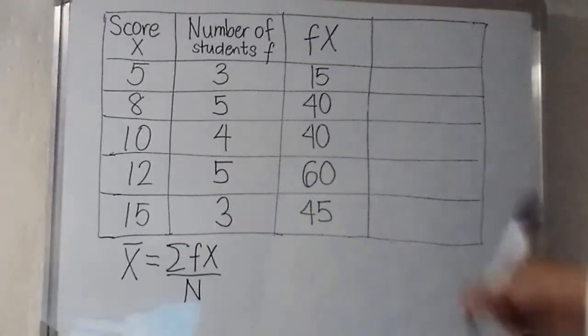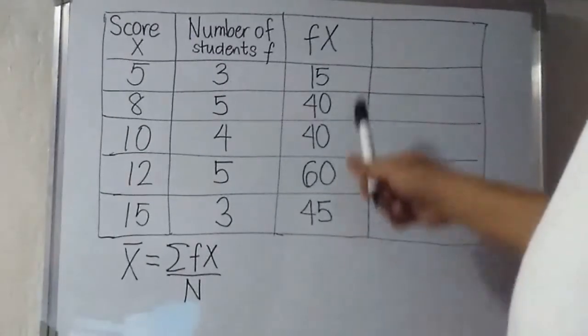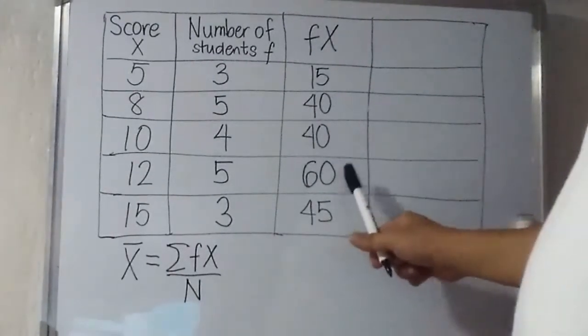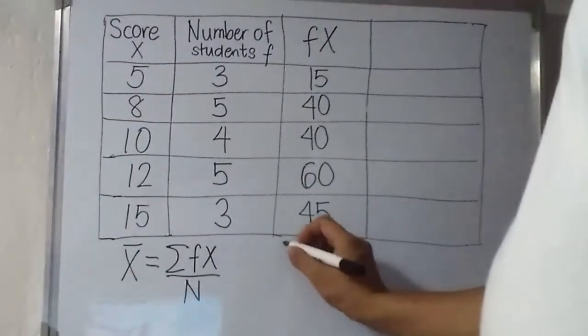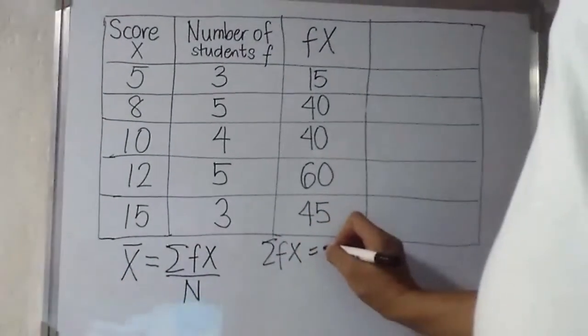Okay, let's now find the sum of these fx. 15 plus 40 plus 40 plus 60 plus 45 is 200.